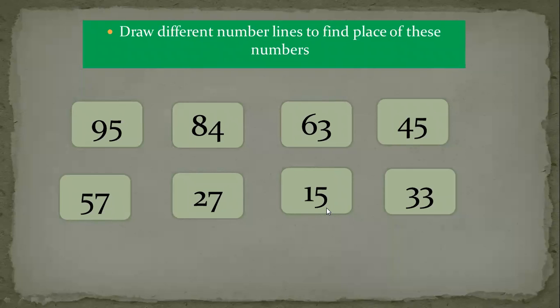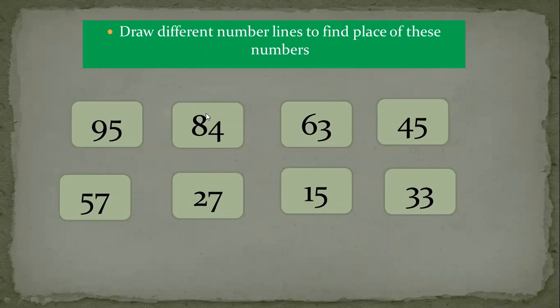You are not going to make a number line from 0 to 100 and place all these values there. No. If it is 95, you are going to make a number line starting from 90 to 100, and count in ones. First of all, find the place of these numbers and then round them off to the nearest 10.